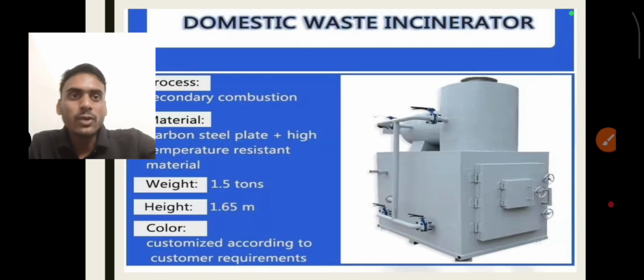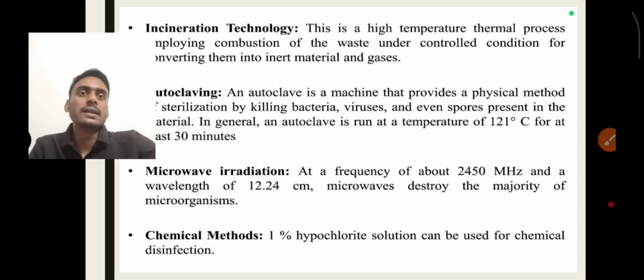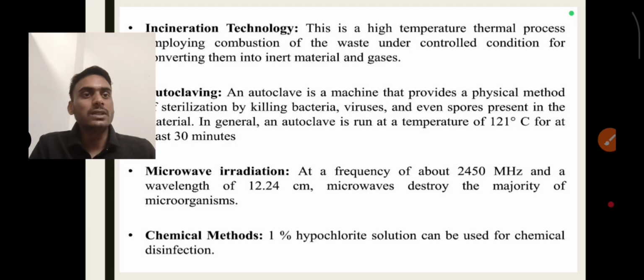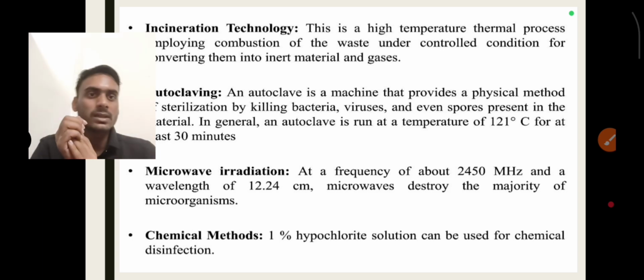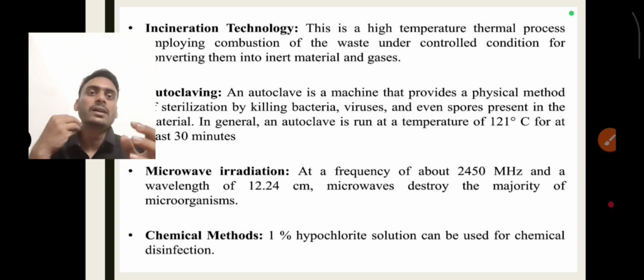Now we discuss the next thing, that is microwave irradiation. At a certain frequency and a certain wavelength, microwaves destroy the majority of microorganisms. At a proper frequency or wavelength, the radiation will destroy all the pathogens.